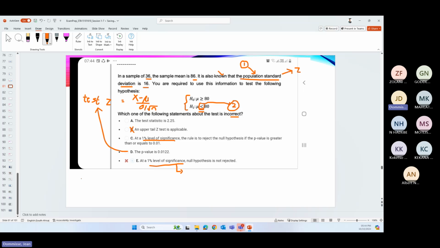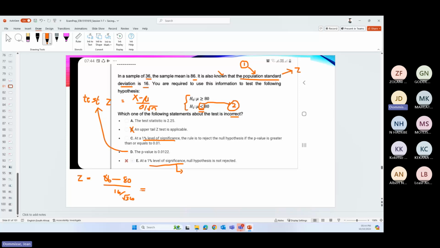So let's work out what Z is. Z is equal to 86 minus 80 over the standard deviation. What is the standard deviation? 16 divided by the square root of 36, which is luckily a nice number.